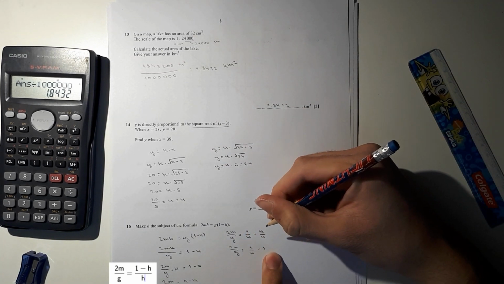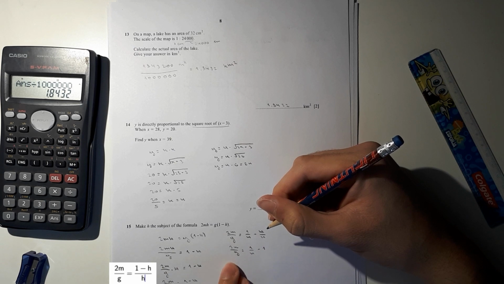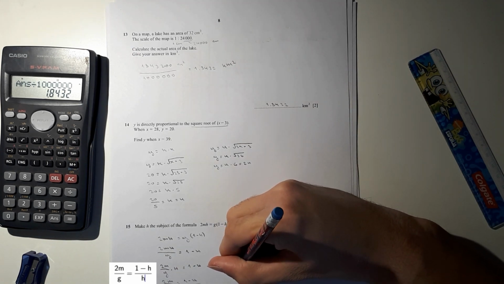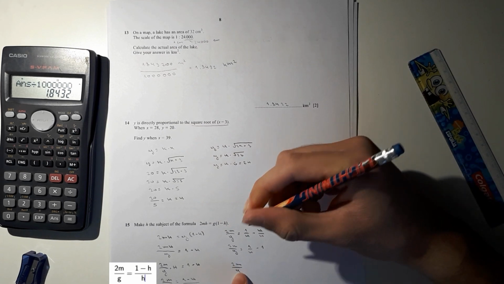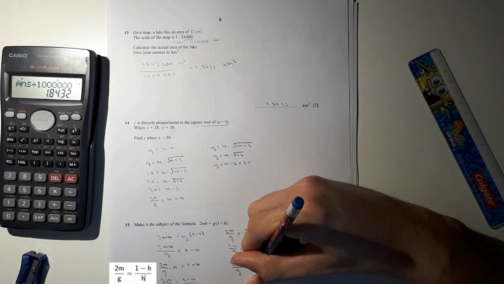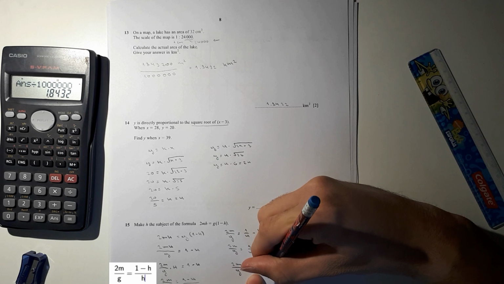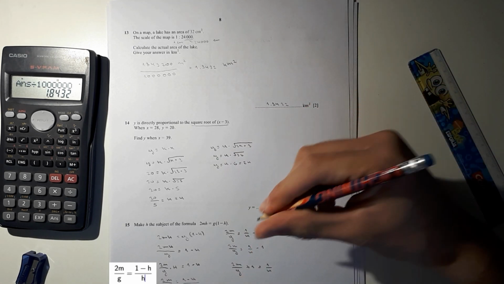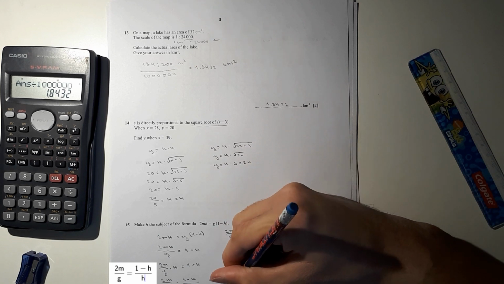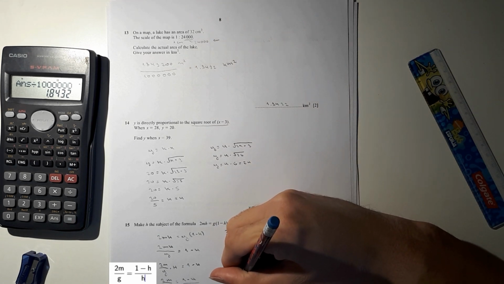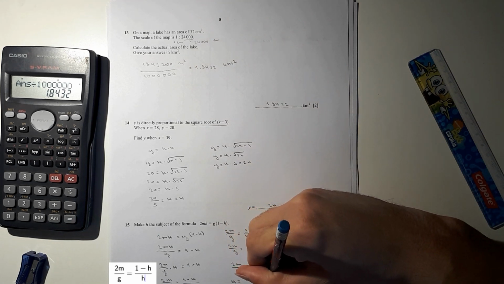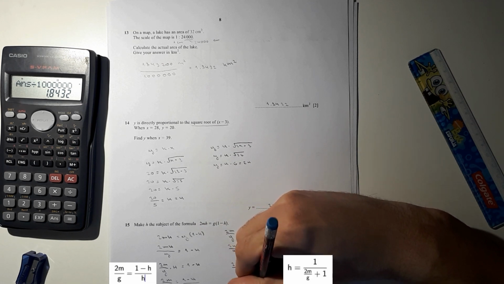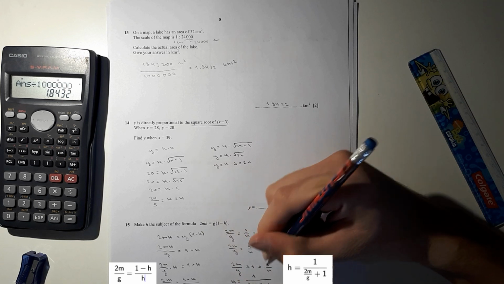So we're going to move this one, adding this whole operation. So we got 2m/g plus 1 equals 1/h. So we got that h equals 1 over (2m/g plus 1).